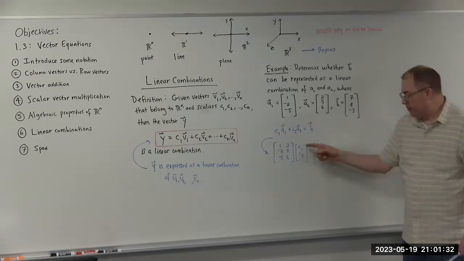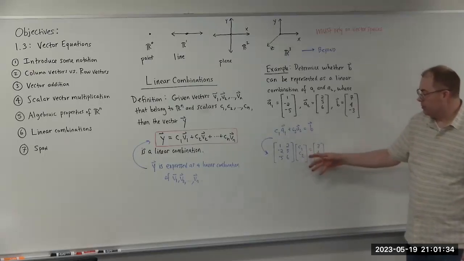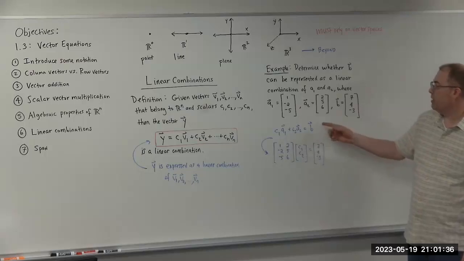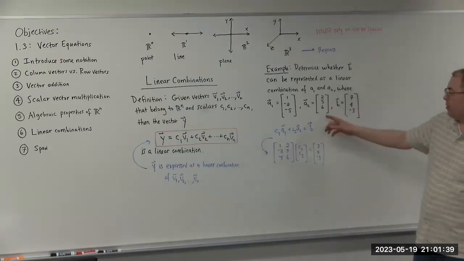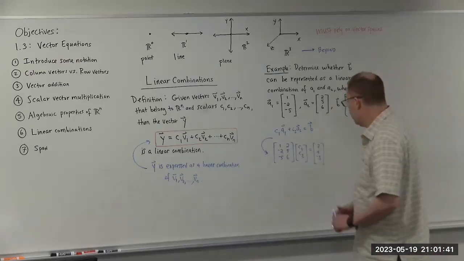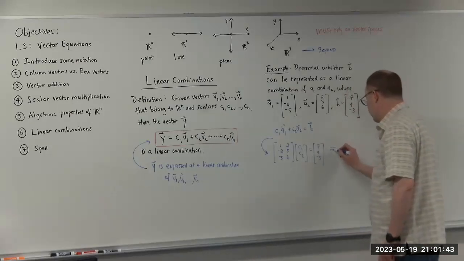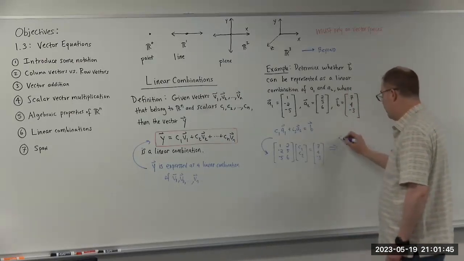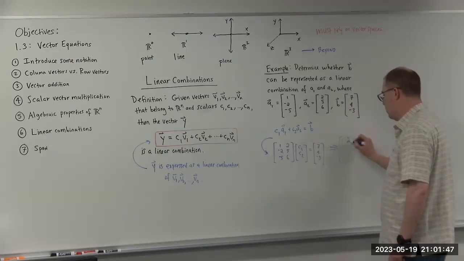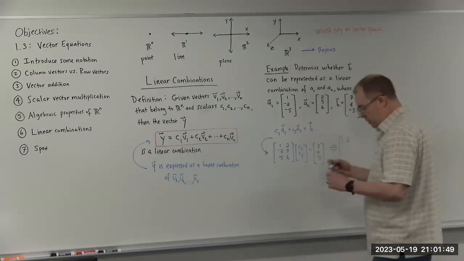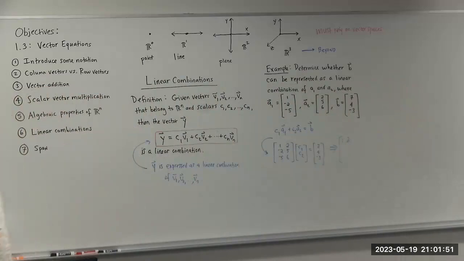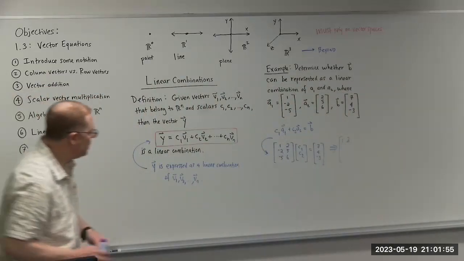Again, if we can find a solution to this system, then the vector B can be written as a linear combination of A1 and A2. So let's go ahead and augment these pieces together. We have 1, 2, and let me see if I have a better marker.